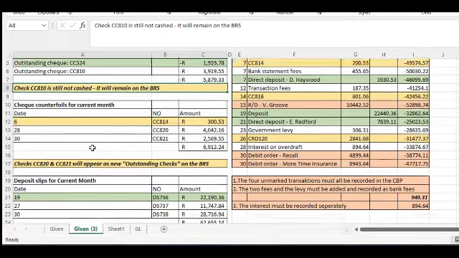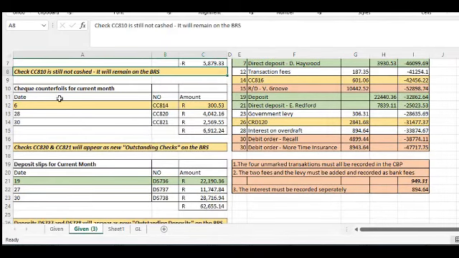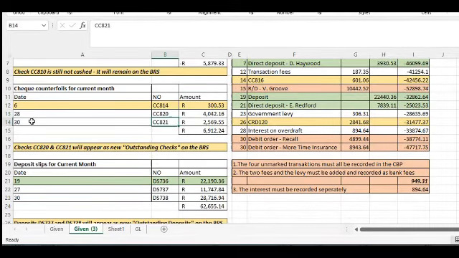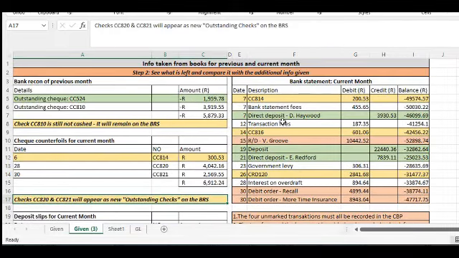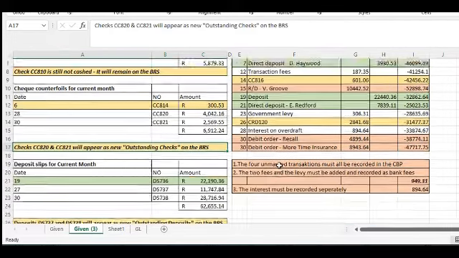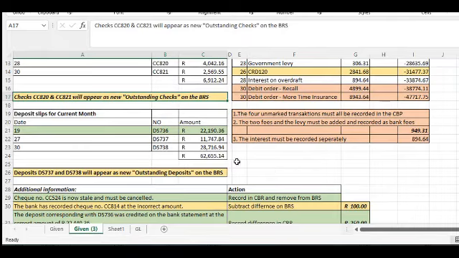Okay, if we look at the check counterfoils, we see check 819, check 820 and 821 from the 28th and the 30th, and these will appear as new outstanding checks on the bank recon statement, and really we're expecting that next month, around the 1st or the 2nd, we will see them on the new bank statement, and then we will just cancel them.